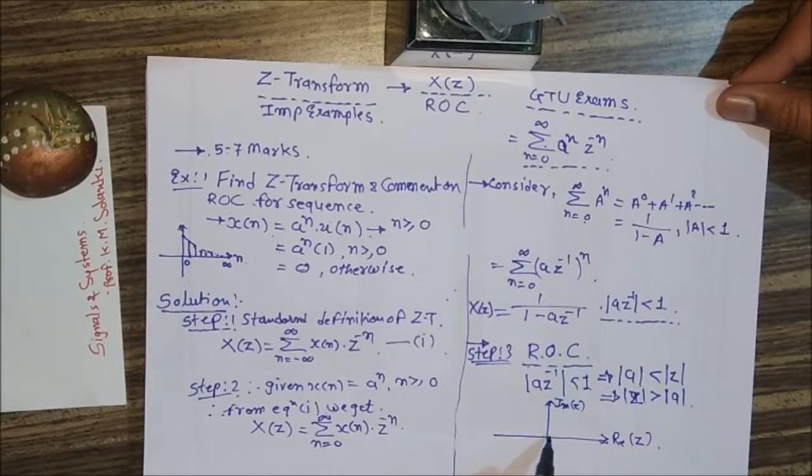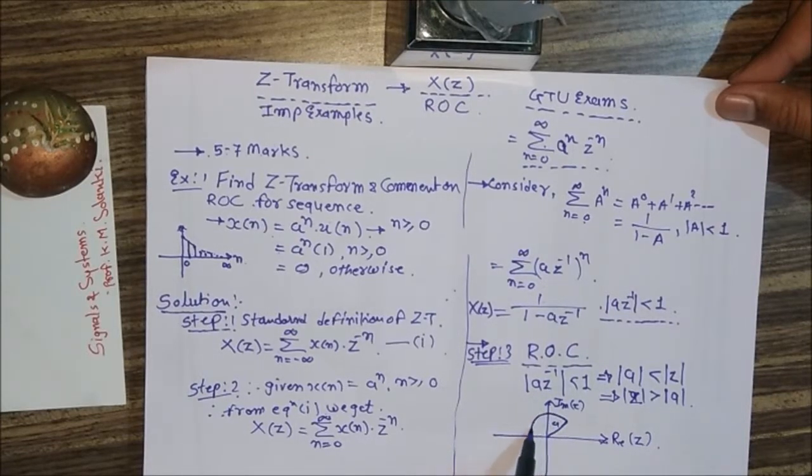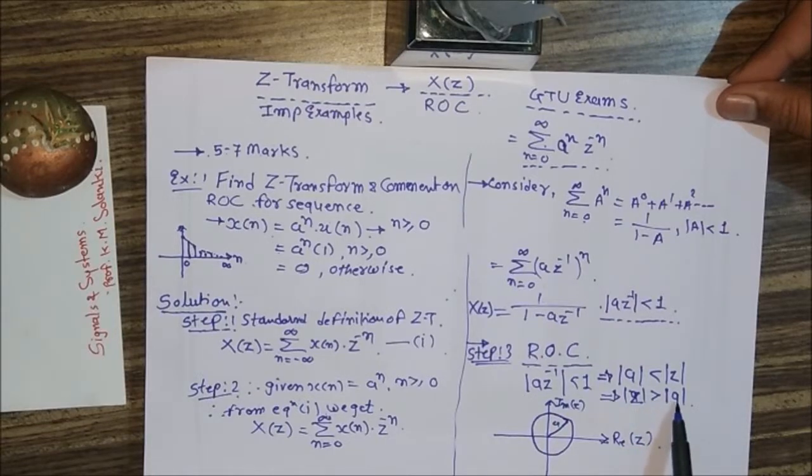By taking a as the reference radius, we make a reference circle of radius a, and the condition is that all the z values greater than a are included. The periphery of this circle is at distance a from the origin, so above this, or greater than this, means the outer part of the circle becomes the region of convergence for the given sequence.